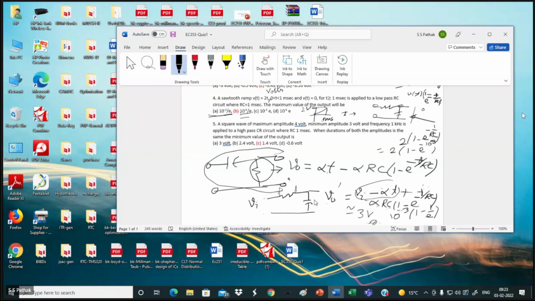Disconnect that, and your capacitor comes in series with the Thevenin's equivalent resistance. So VI minus the voltage across R, which is exponentially rising, becomes your V naught, that is exponentially rising. And that's how it will be your answer.